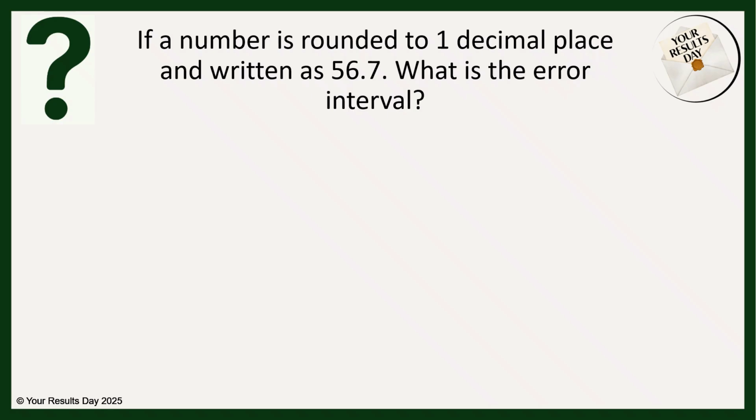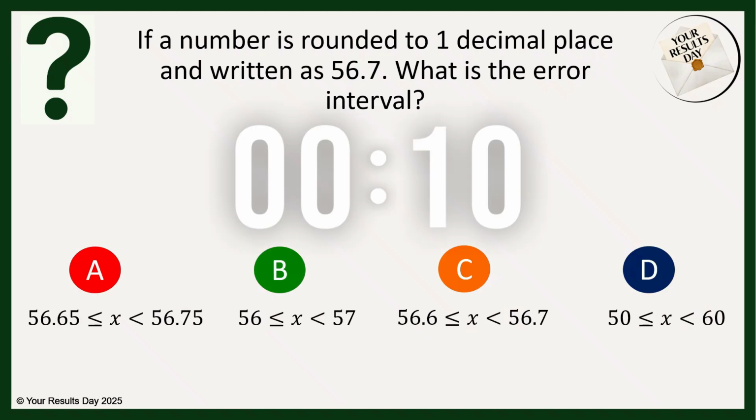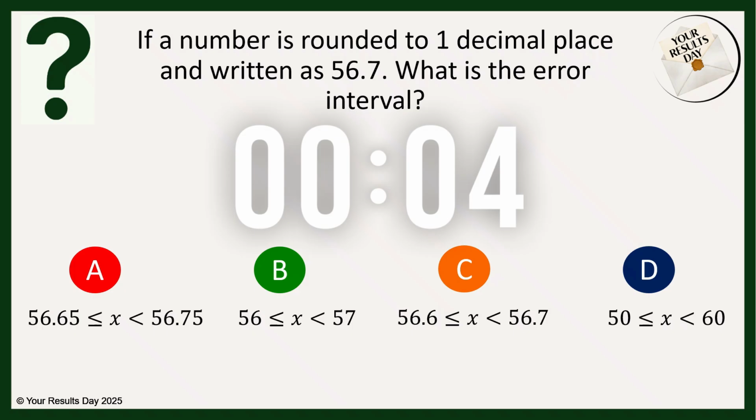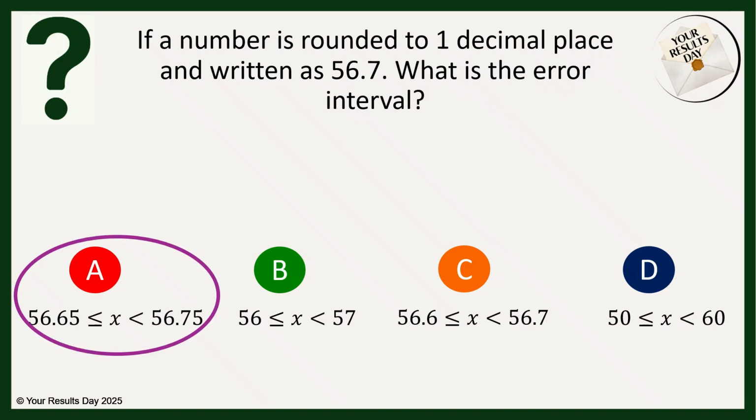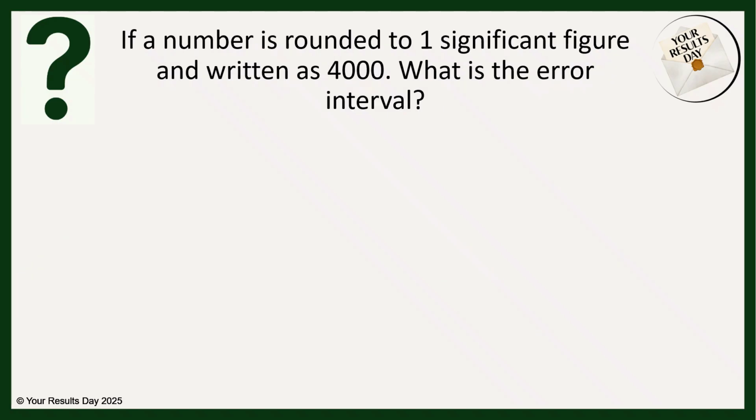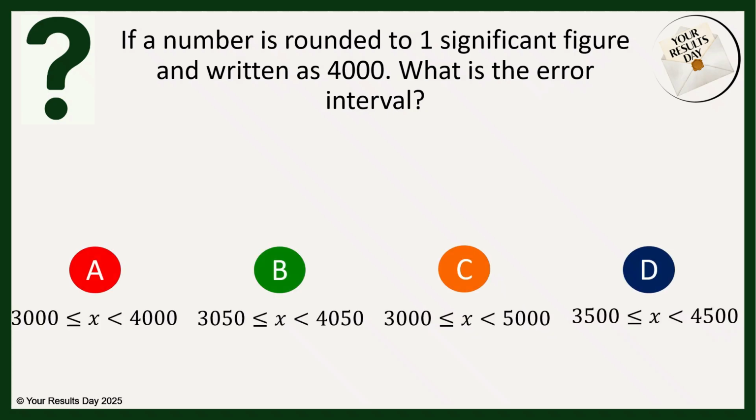Your next one. If a number is rounded to 1 decimal place and written as 56.7, what is the error interval? Here are your options. That one was A. And finally, if a number is rounded to 1 significant figure and written as 4,000, what is the error interval?